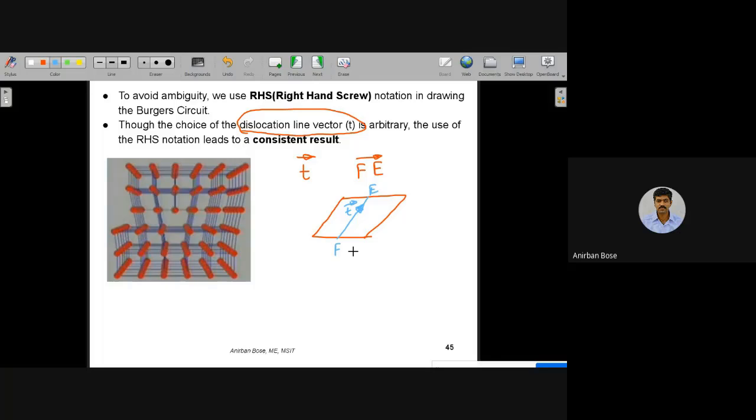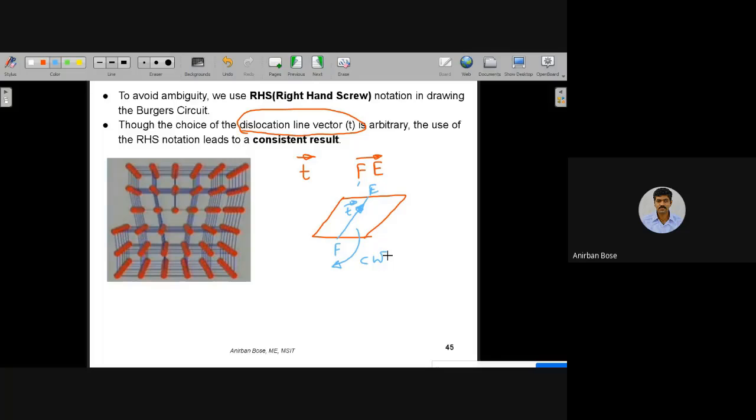With your right hand, point your thumb towards the direction of the dislocation line vector and see in which direction the other four fingers are pointing, clockwise or anti-clockwise. In this case, F to E, according to the right hand screw rule, the four fingers indicate this direction, that means clockwise. So we will draw the Burgers circuit in the clockwise direction.